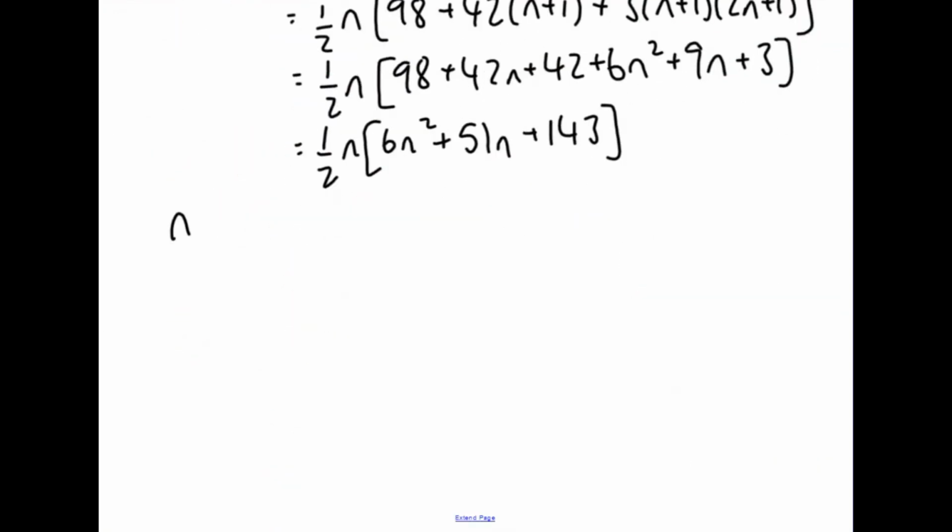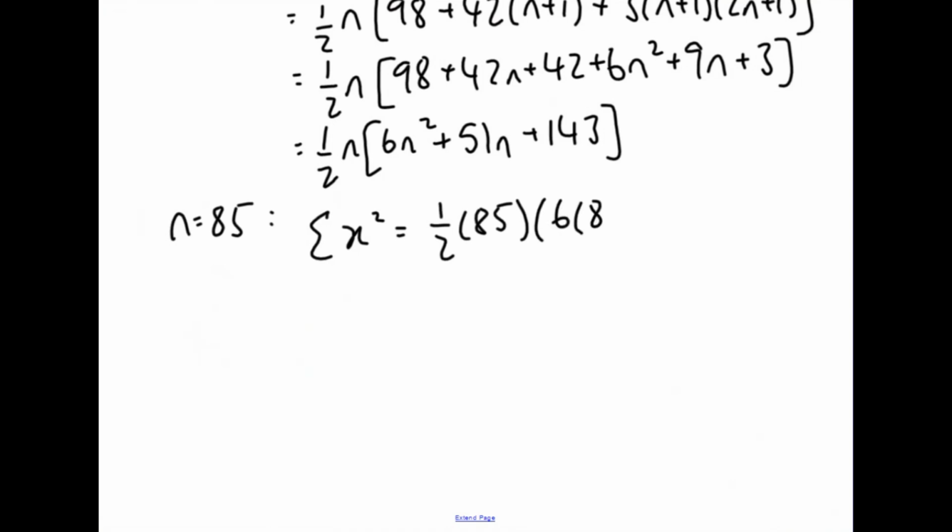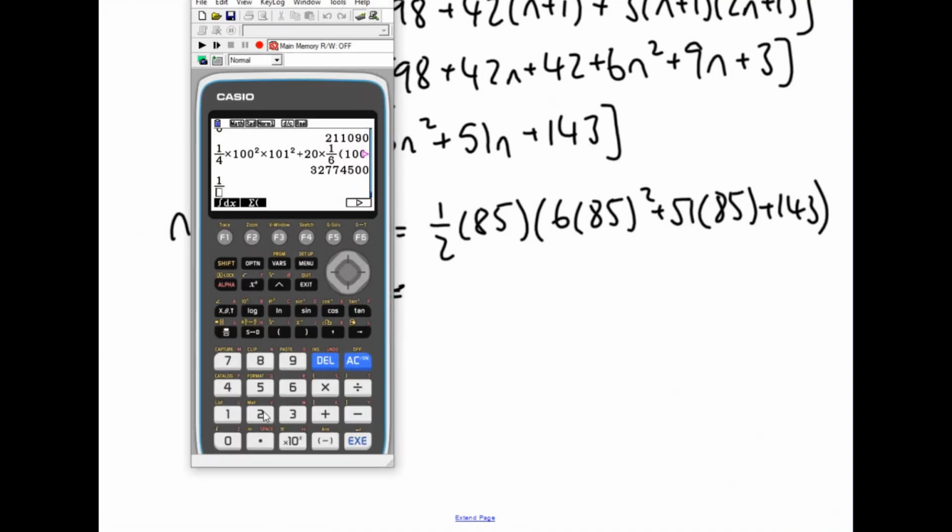So if we evaluate this, n is 85. 6n squared is, half, 85, 51.